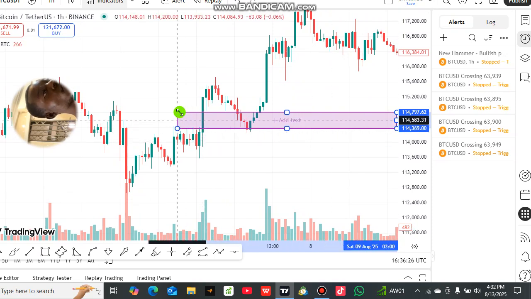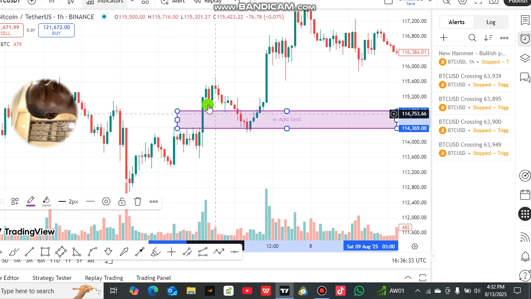So this is the fair value gap. In between this zone, where the wick of this candle did not test the wick of this particular candle, is what we call a fair value gap. So there is a gap in between, and once there is a gap in between, the market is not balanced.